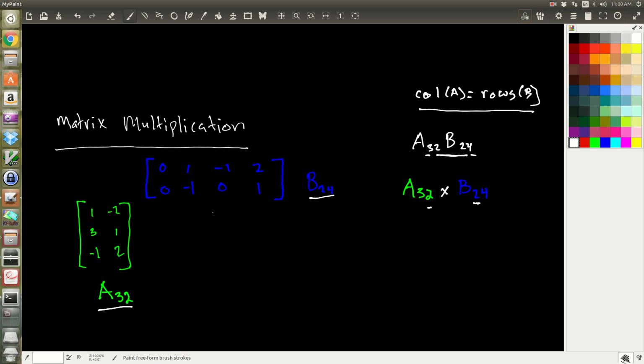And when I do matrix multiplication, somebody taught me this cool trick where if you set up the matrices like this on a piece of paper, you can draw a box up here. So a box like this. This box has 2 columns and 2 rows, right? We could divide it up like this.